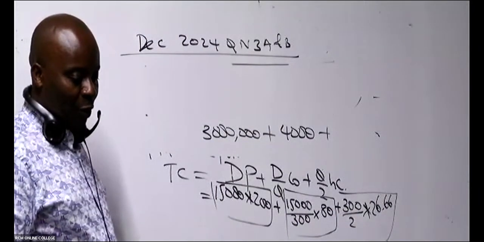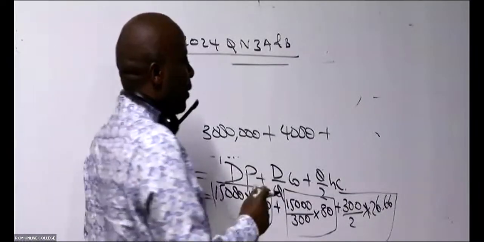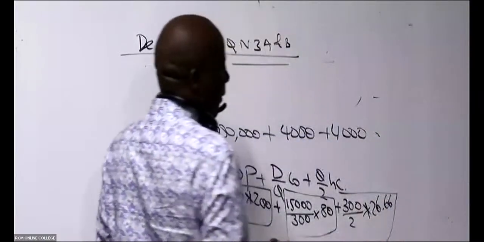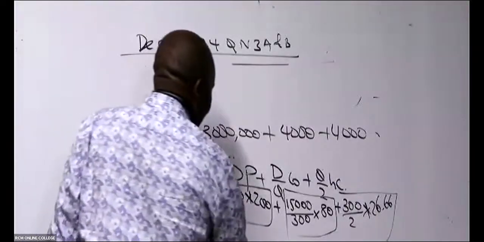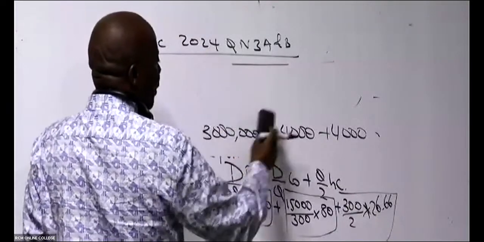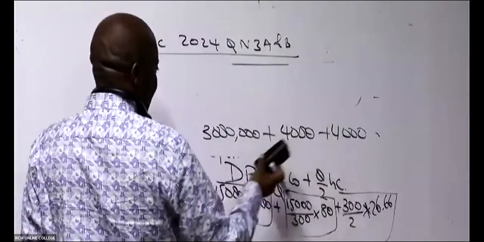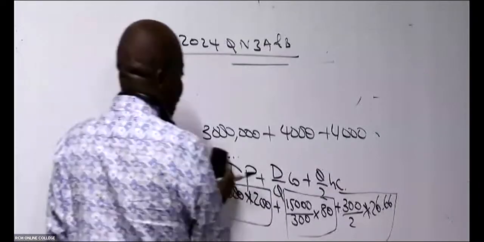It will be approximately 4,000. So the final answer will be 3,008,000. You can write that there.